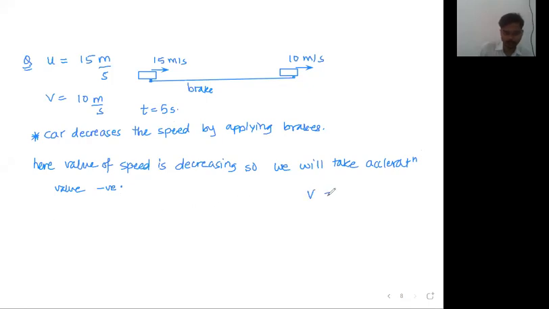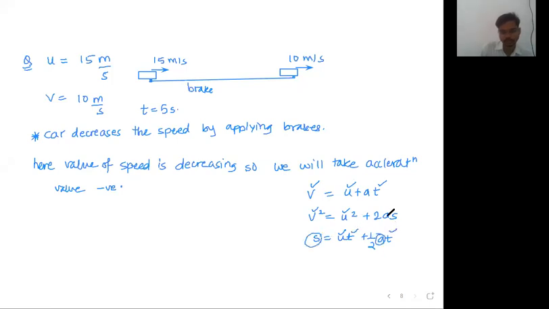Which equation to use? Check: v is equal to u plus at, v square is equal to u square plus twice as, and s is equal to ut plus half at square. Tick mark it. Final velocity given, initial velocity given, time given. How many unknowns?